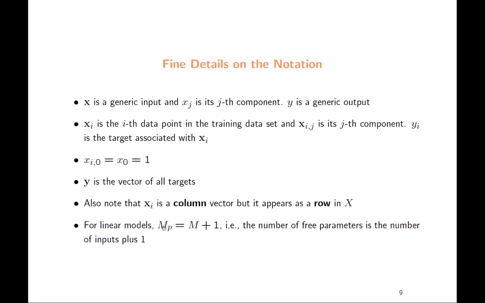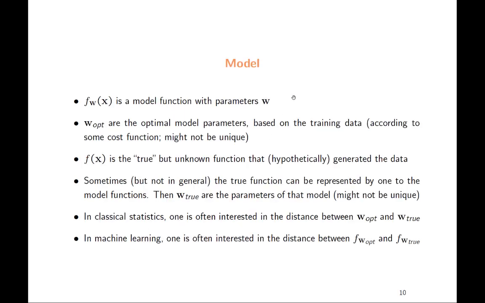And for linear models, as we're considering now, the number of parameters is the number of inputs plus 1. f_w(x) is a model function with parameters w. w_opt, sometimes we call it w hat, are the optimal model parameters based on the training data according to some cost function.